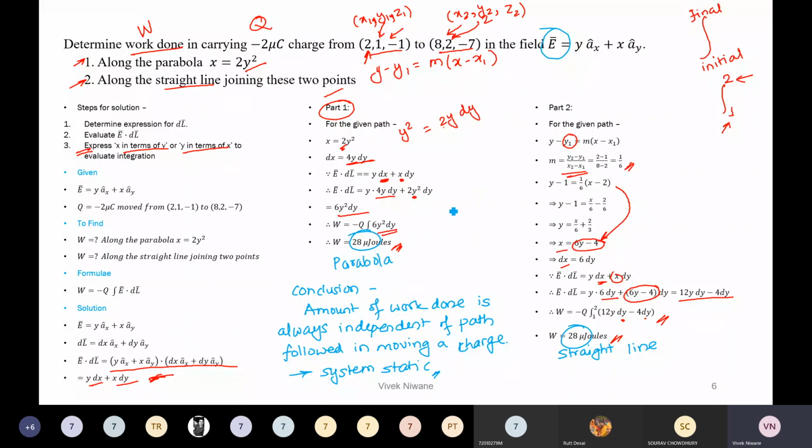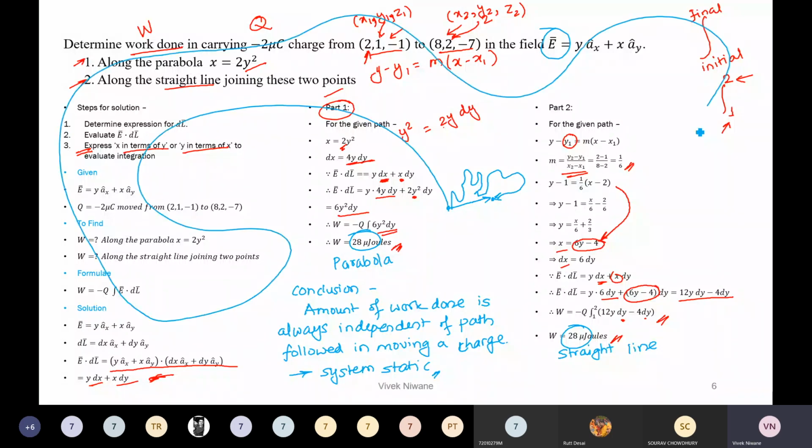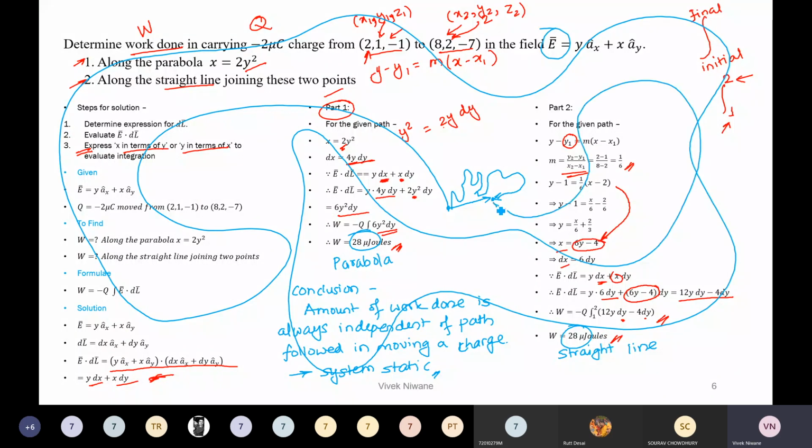of the path। मतलब क्या, if we have a point, another point over here, we move in this way, we move in this way, or we move in this way, in all three paths, first path, second path and the third path, the amount of work done is always the same। Okay, a very interesting conclusion.